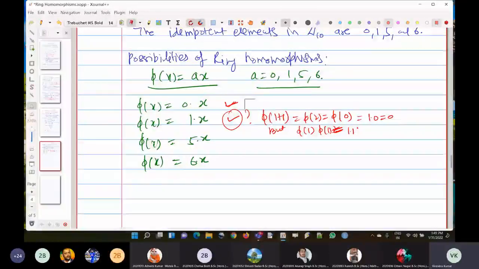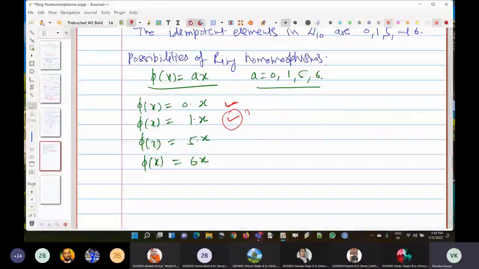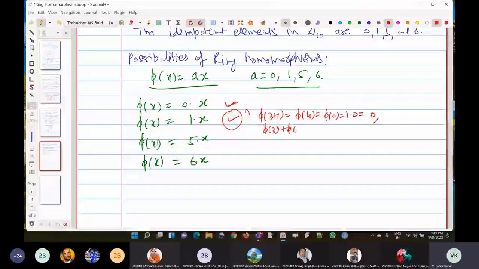Let me take another pair of elements, for example 3 plus 1. 3 plus 1 is 4, and 4 in Z4 is 0, so phi of 0 is 1 times 0, which is 0. Now phi of 3 plus phi of 1 should be equal to it.